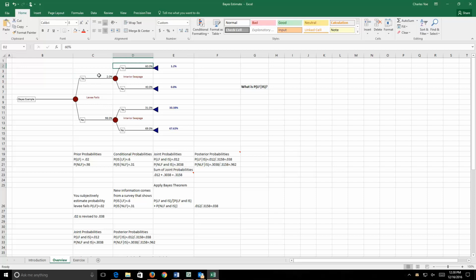So 2% times 60% equals 1.2%. 0.012 is the joint probability, or the AND probability. Here's the probability of no levee failure and interior seepage. This would be the probability of 98% times 31% for 30.38%.